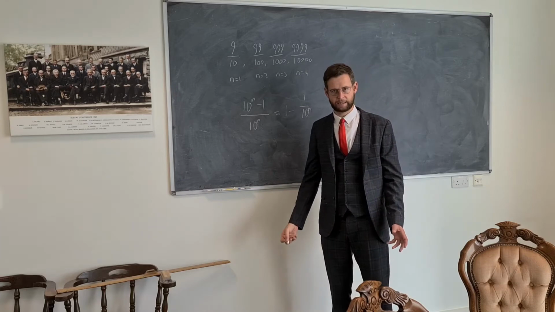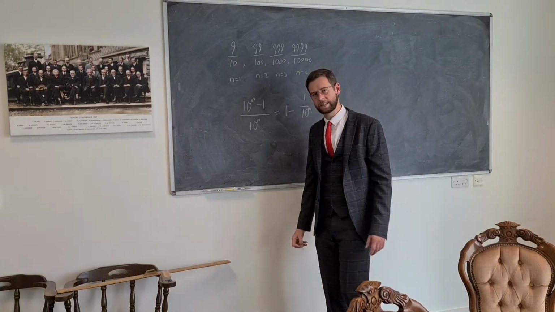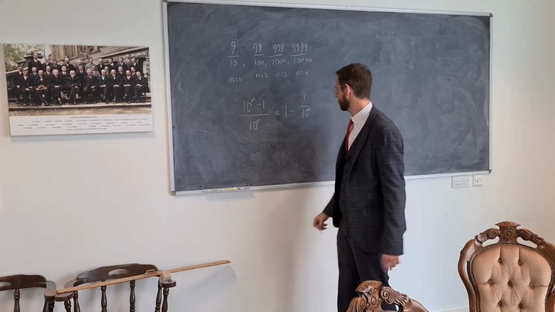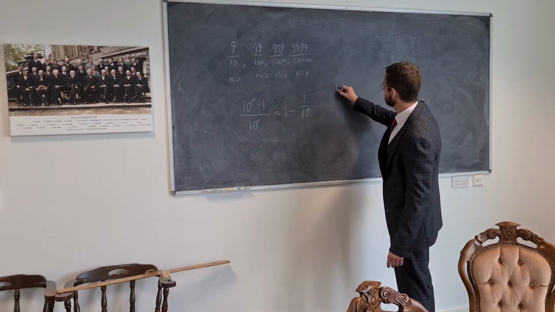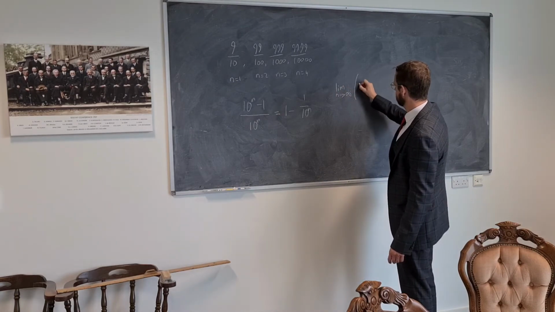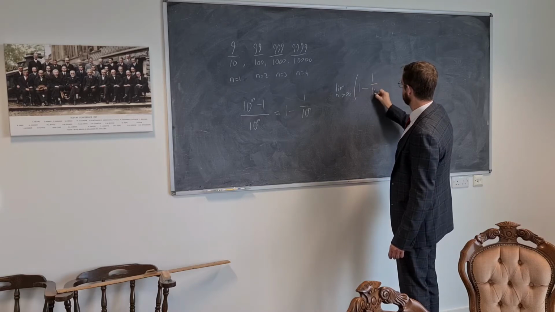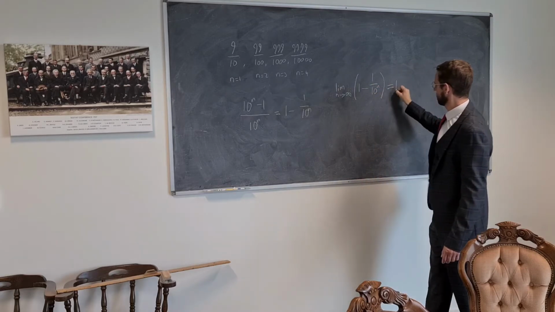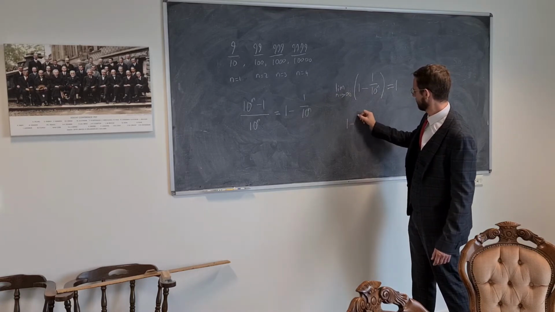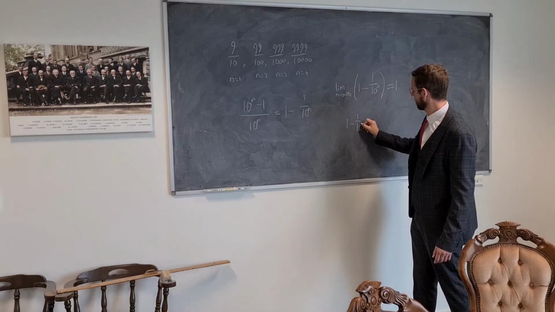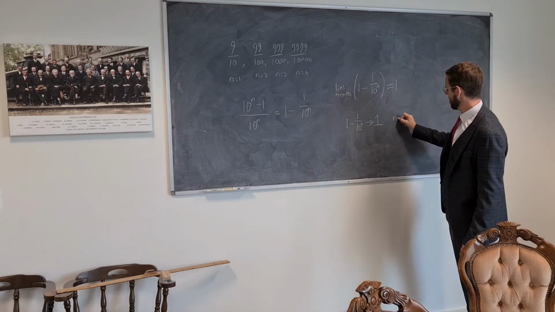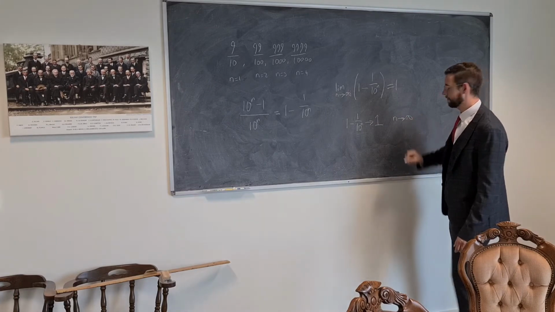How do we say that this tends to 1 as n tends to infinity? Well, this is when we use the limit notation. And what we say is that the limit as n goes to infinity of 1 minus 1 over 10 to the n is equal to 1, or that 1 minus 1 divided by 10 to the n goes to 1 as n goes to infinity.